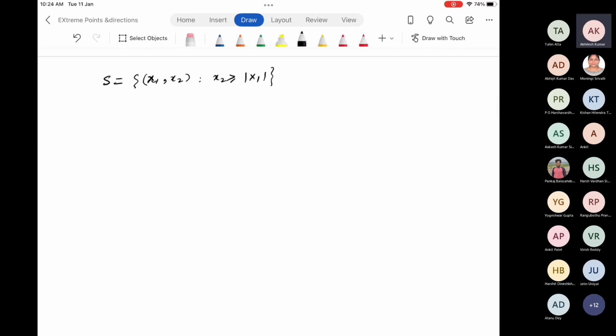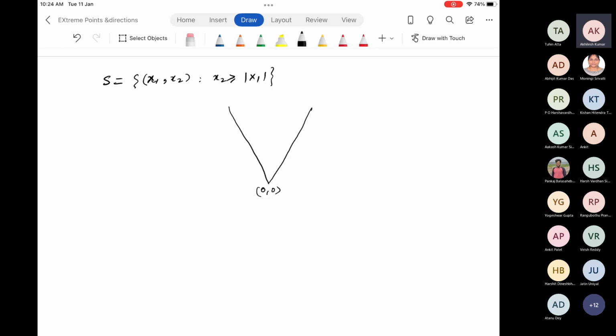How many extreme points do we have for this convex set? It's a cone, so it will be only one, (0, 0). So we will get a cone at the origin, right?